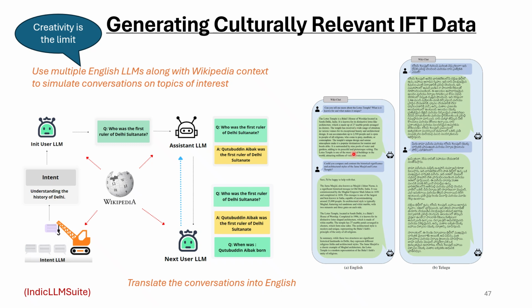For example, on the right-hand side, you can see an example of a conversation about the Lotus Temple in Delhi that was generated using this approach. This data set is called WikiChat, and this is then translated into Telugu. So you have a Telugu IFT data set with topics that are relevant to the Indian context available for instruction fine tuning.